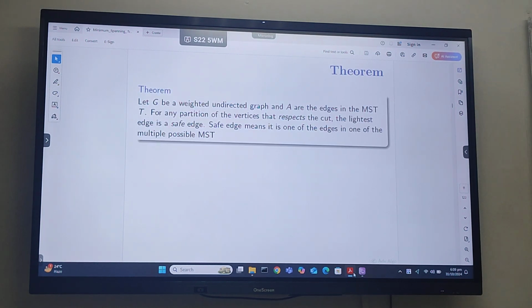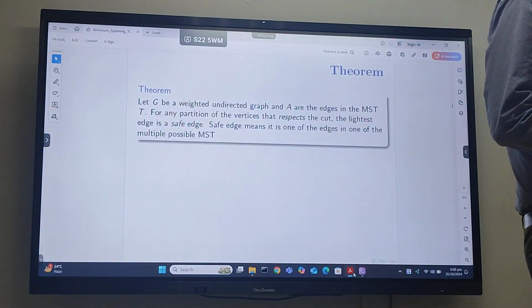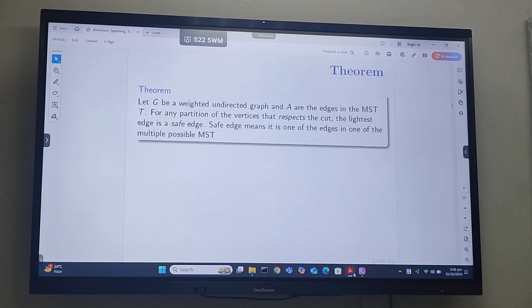So this is actually a theorem, and if you want to read it more formally, in the book, it's chapter number 23, by the way, I think, 22 or 23. In the book, you'll see a theorem written in a more complicated form. I have tried to write it in a simpler form. A theorem is a mathematical fact, and it is always true.